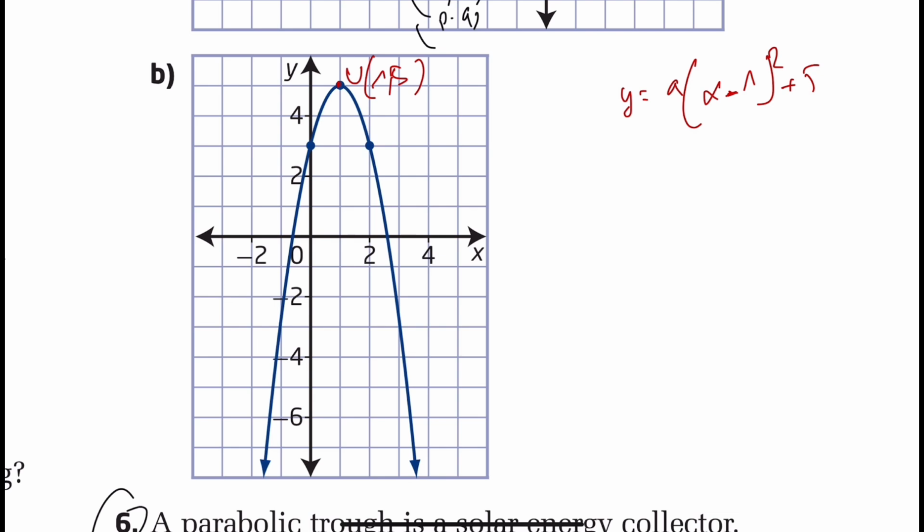You choose a point, for example this one is (0, 3), and you substitute the value here, x here and y here, and you solve for a and you write your final answer.